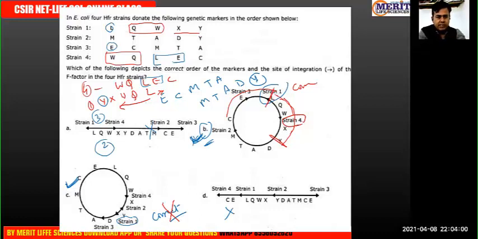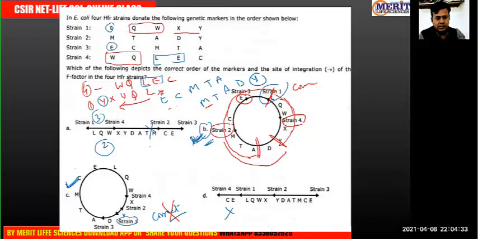Now see strain 3. Strain 3 starts with ECMTA. Okay, up to here it is done, right? And strain 2 starts with the M: MTADY.